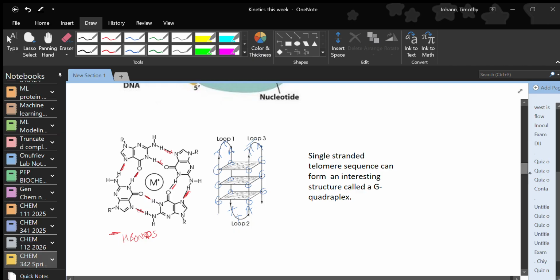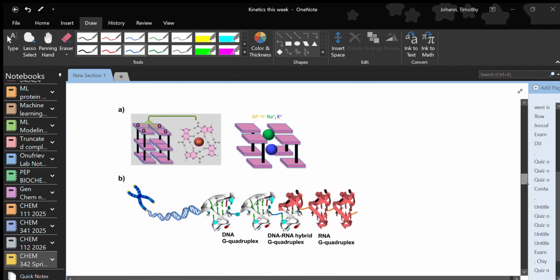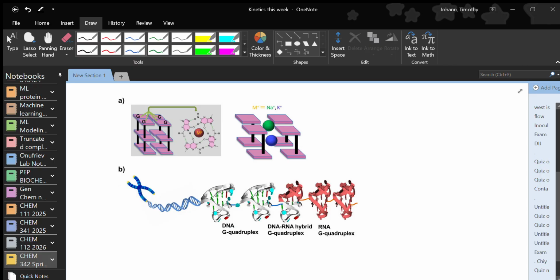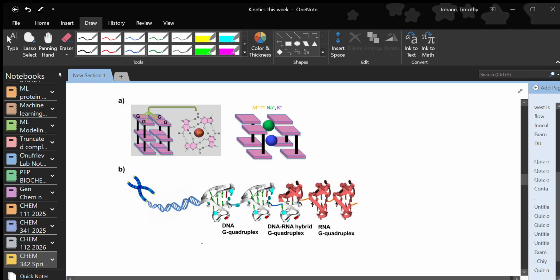And so what they've shown is that with these sequences, I want you to look at B here. What you end up with is your chromosome. We've got at the end here, this is all telomere sequence.